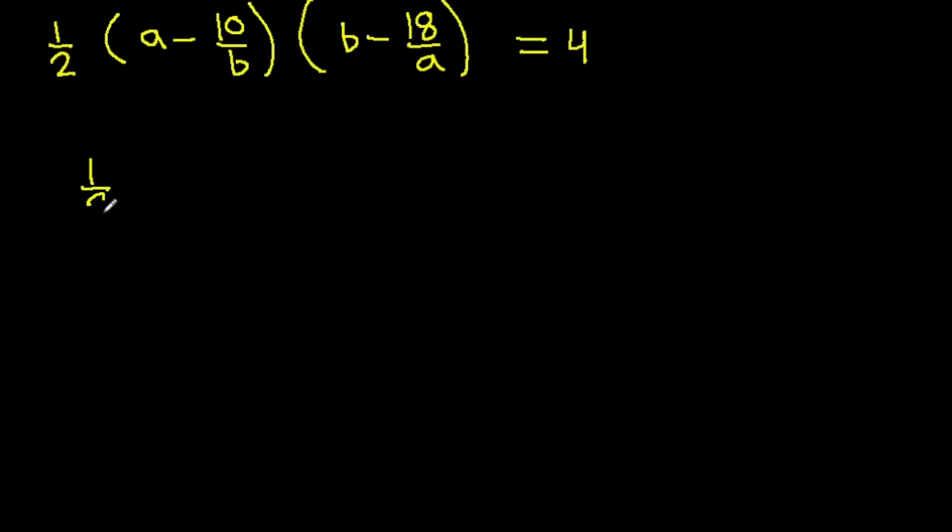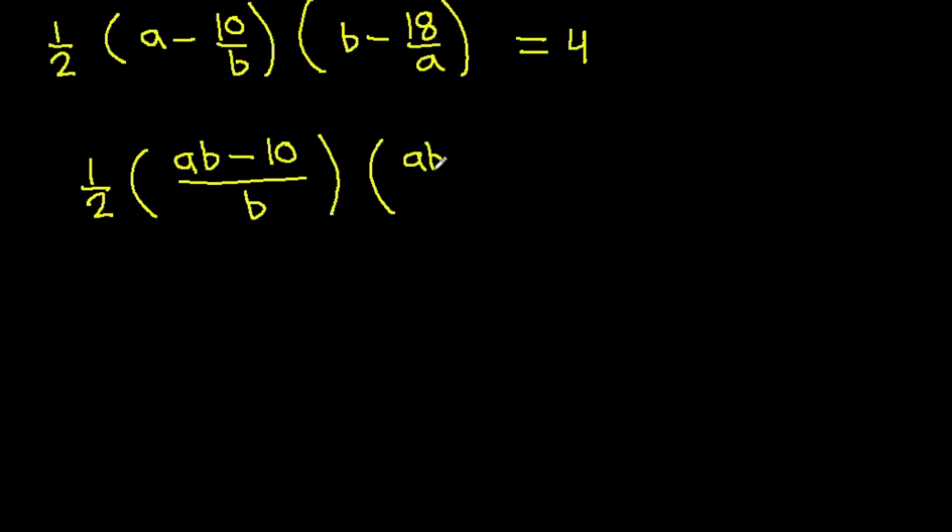It is 1/2 times (AB minus 10)/B times (AB minus 18)/A is equal to 4.